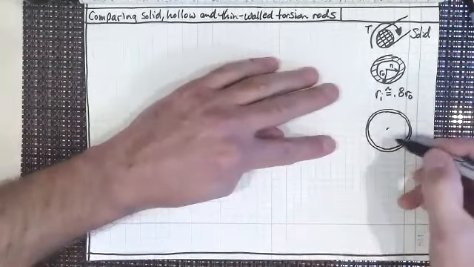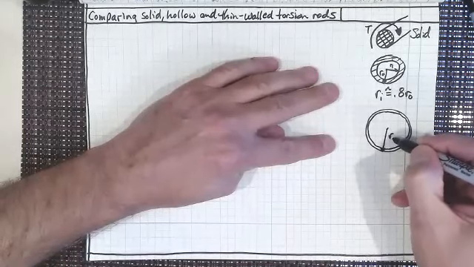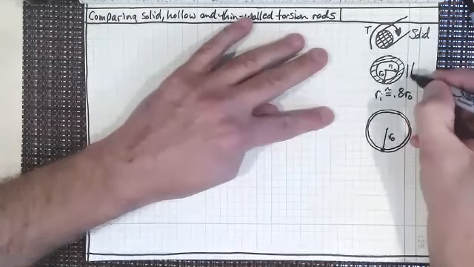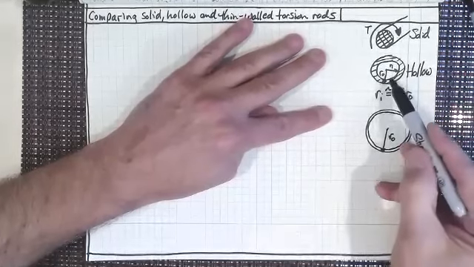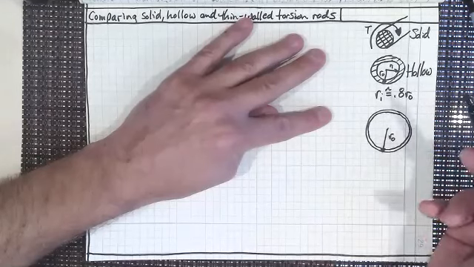Now, when we look at this and we're looking at the outer radius, right, for a thin-walled tube. Now this is a hollow cylinder, right? And we have equations for the polar moment of inertia for a hollow cylinder.